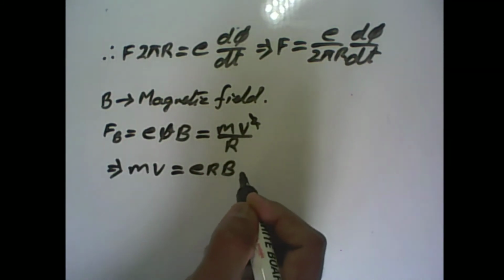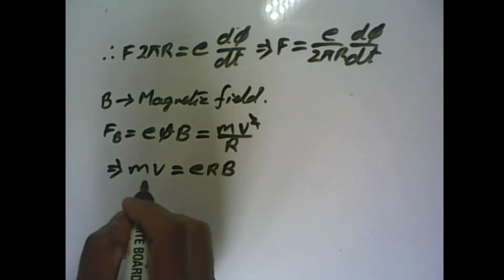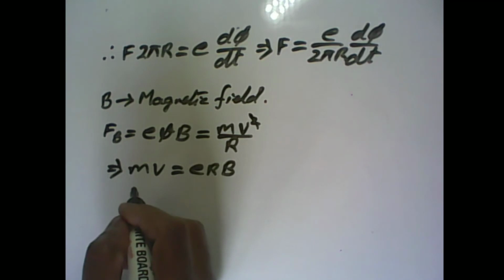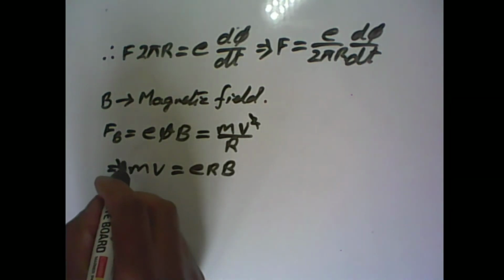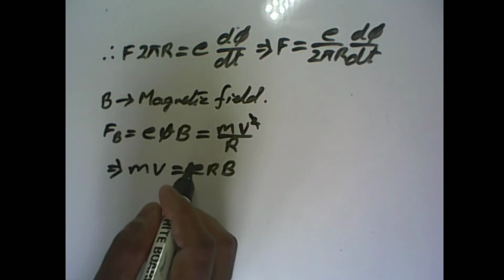Now, what we are saying is that this magnetic field changes with time, and hence because of the force experienced by the electrons, the velocity also changes with time. So mv is nothing but the momentum of the electrons, and this momentum also changes with time.